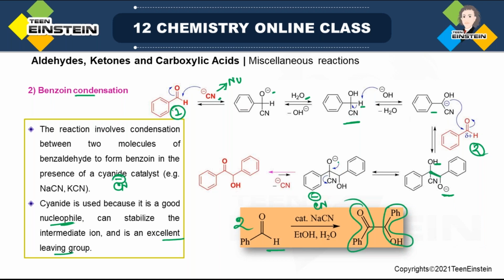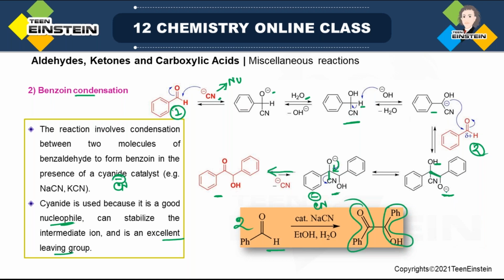This negative charge is again making a C double bond, and in this step the C-CN bond is broken and CN is leaving. Now look at the arrow. This arrow is longer. That means in the last step, it is more probable that it will remain on the product side because CN is a very good leaving group. So it will try to remain towards this structure, not in this form.